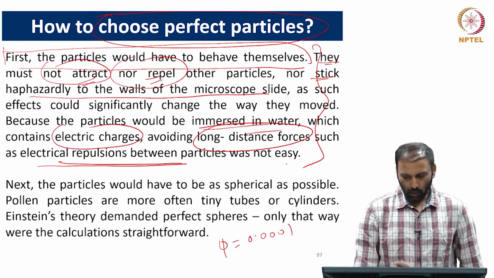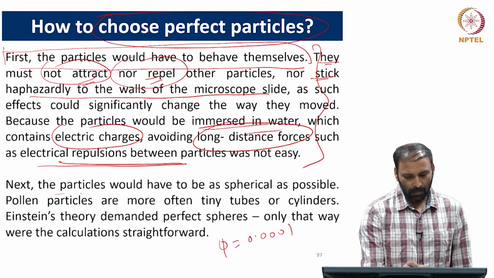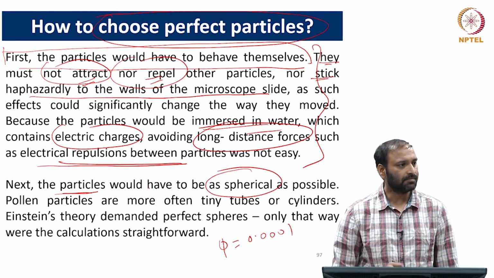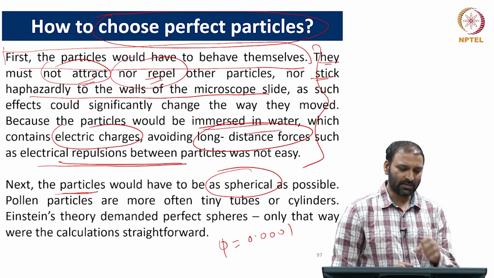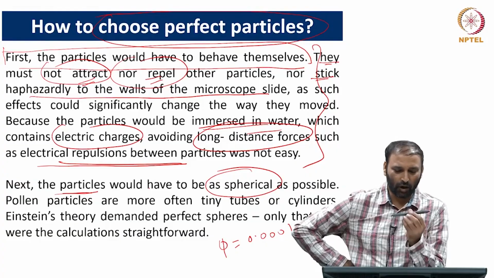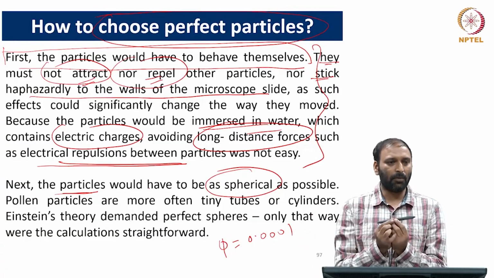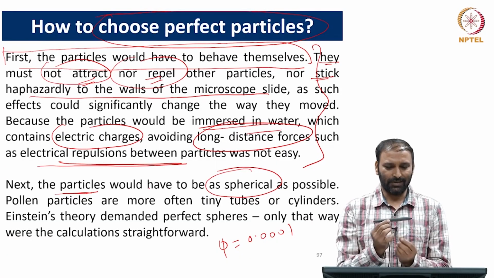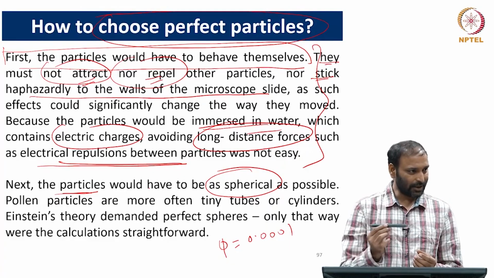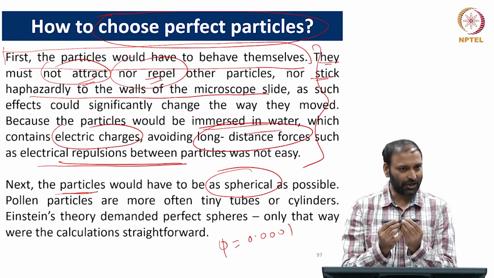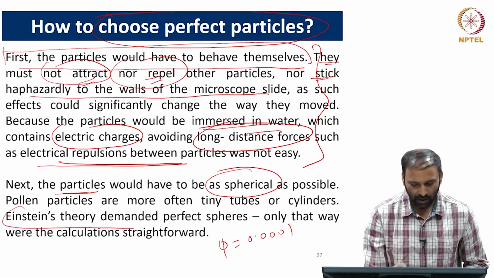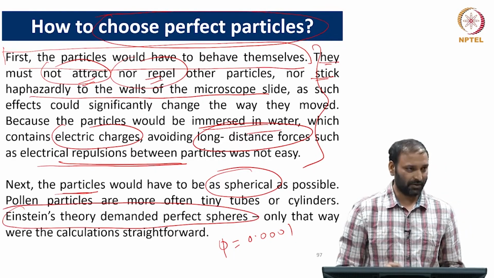Now the next thing is that the particles would have to be as spherical as possible. What it means is that if you have a rod-like particle, then people talk about what is called translation and orientation dependent diffusion. You could have translation, and you could also have rotation. That's because Einstein's theory was developed for perfectly spherical particles.